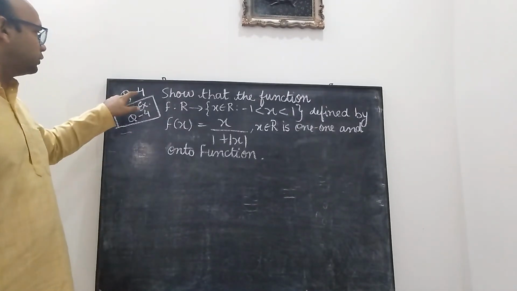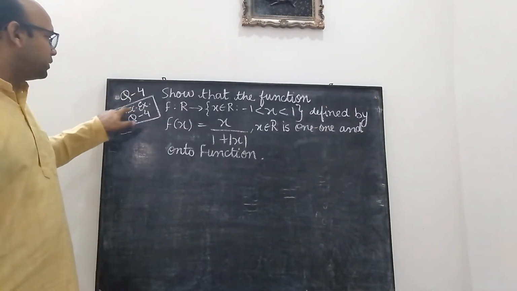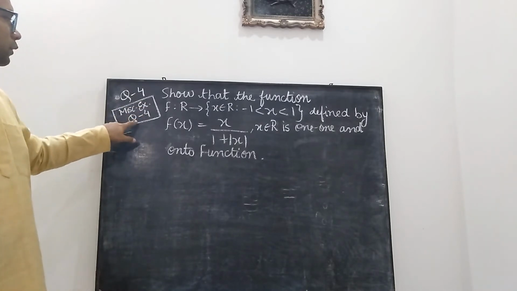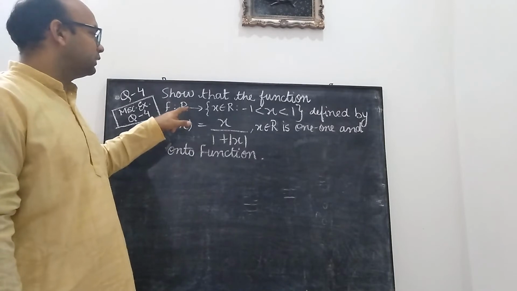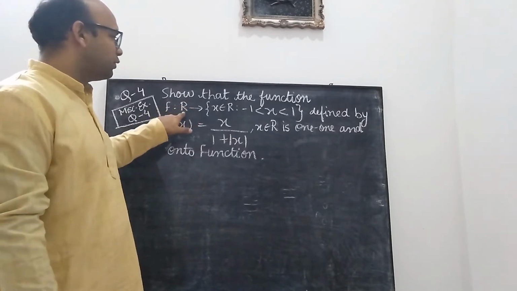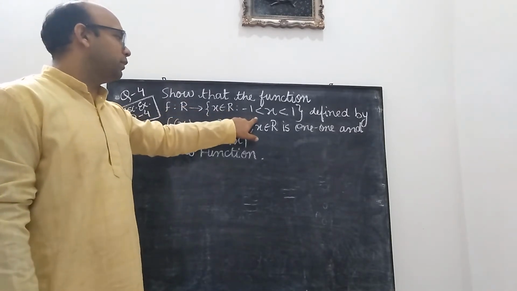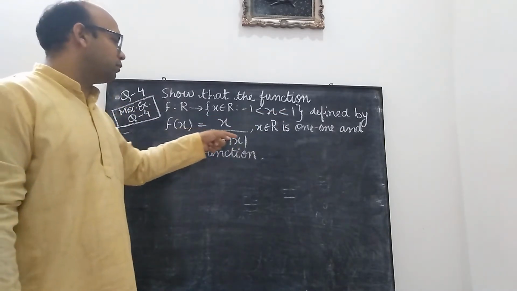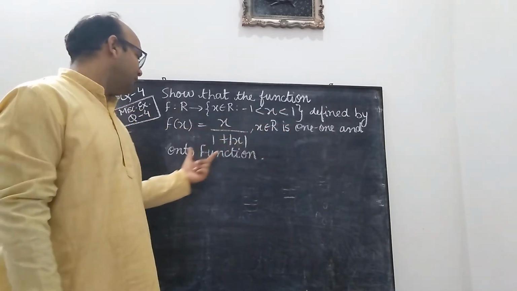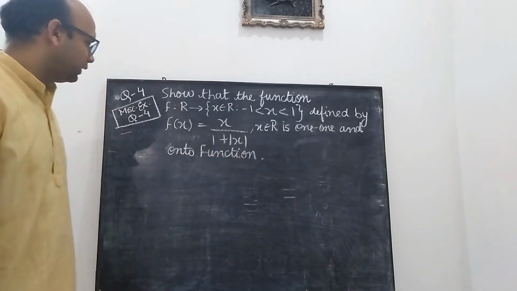Now the next question is question number 4 from the miscellaneous exercise. The question says that we have to show that the function defined from the set of real numbers to the open interval minus 1 comma 1, defined as f of x equals x upon 1 plus mod of x, is one-one and onto function.